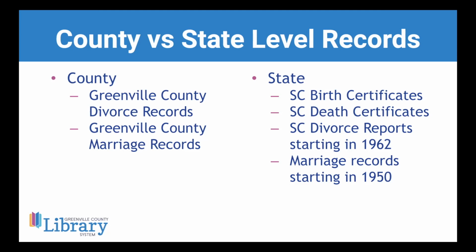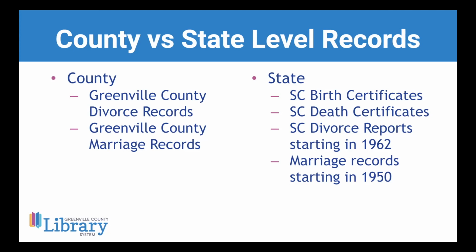And then, of course, the birth certificates and death certificates are held at the state level, for what we have from 1915 to present. And then also, like I said, there's ways you can view some of these records on databases like Ancestry too.